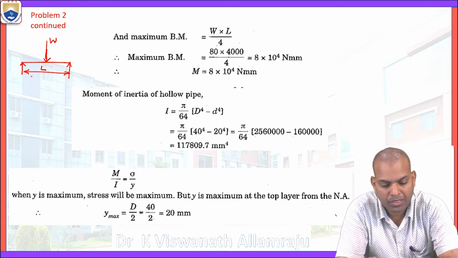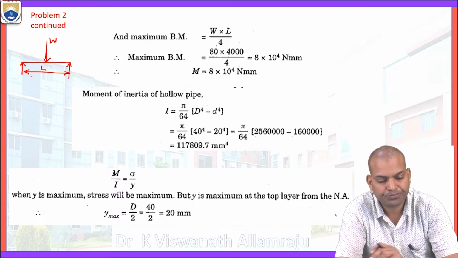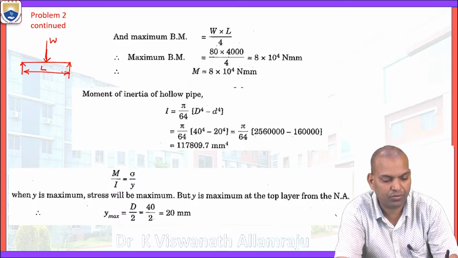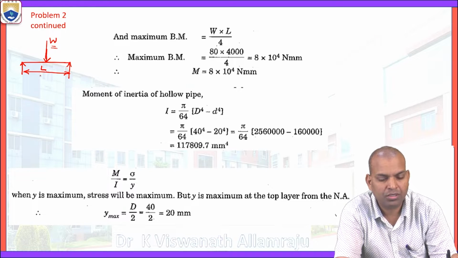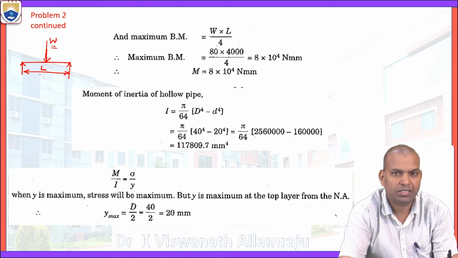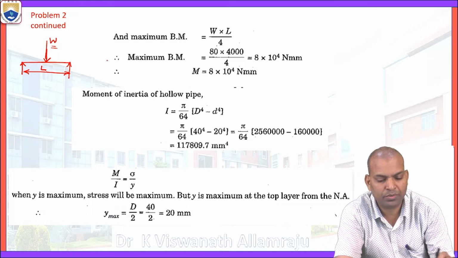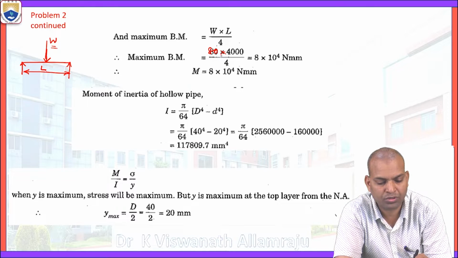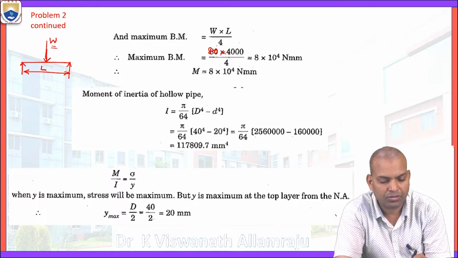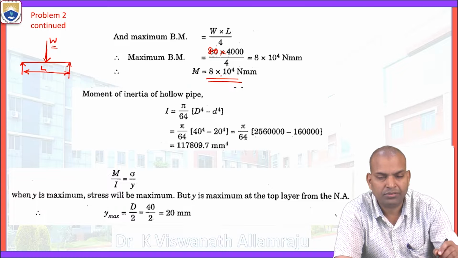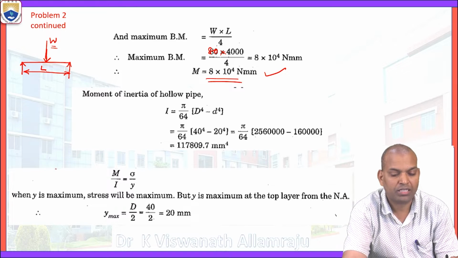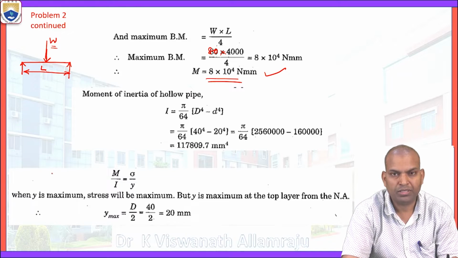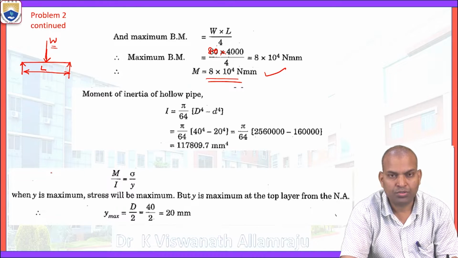The overall length of the pipeline is 4 meters. So the maximum bending moment is WL by 4. What is W here? 80 newtons. L, 4 meters converted into millimeters, is 4000 millimeters. 80 into 4000 by 4, so we can calculate 8 into 10 power 4 Newton millimeters. This is the maximum bending moment, 8 into 10 power 4 Newton millimeters.